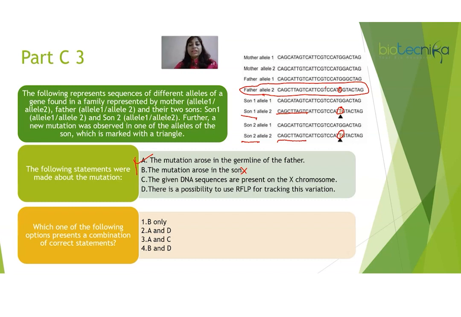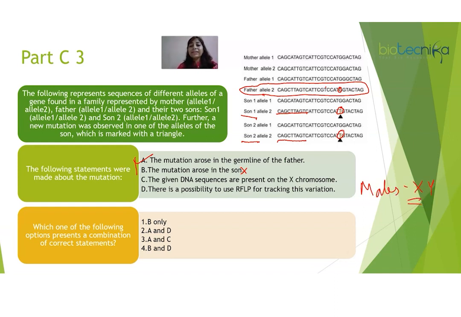Now, the given DNA sequences are present on the X chromosome. How to check that? Very simple. See, if it is present on the X chromosome, then all the genes in the males present on the X chromosome are present in a single copy. They have to be present in a single copy because the males have one X and one Y chromosome.